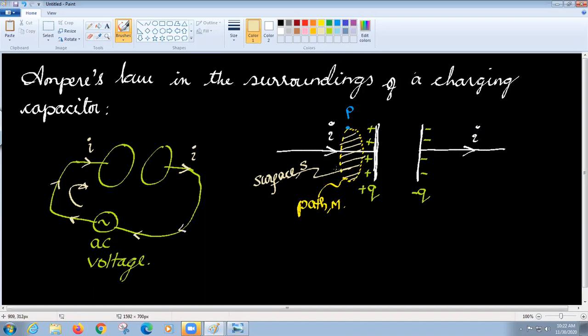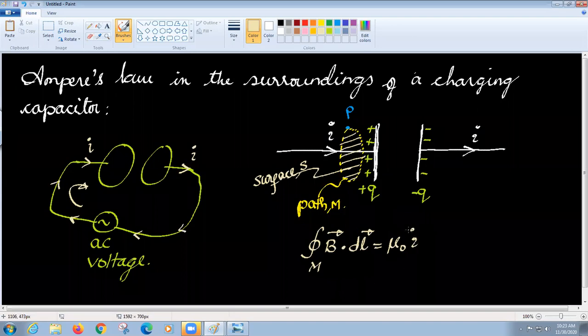As usual, this surface is intercepting the entry current I. Now along this path M, we will look at the magnetic induction B. So B dot dl on the left-hand side is possible because on the right-hand side you must have the enclosed current, or the current intercepted by the surface. This surface is on the plane containing the path M. Its life is simple.